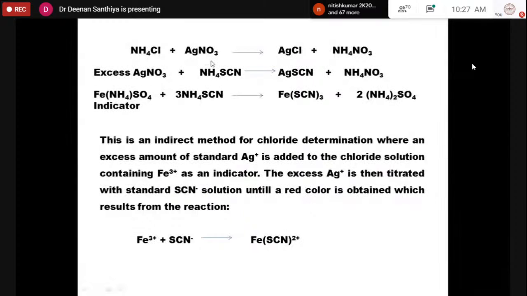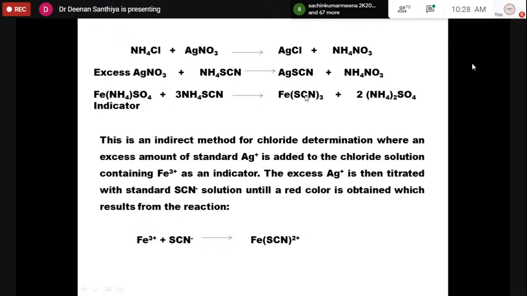When the silver nitrate reacts with the thiocyanate, silver thiocyanate precipitation will take place, and at the equivalence point, the indicator used is here. The ferric salt will form this, and it will coat onto this precipitate. That is your end point.